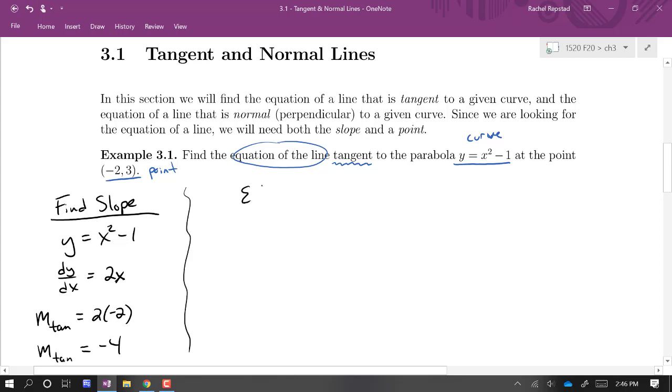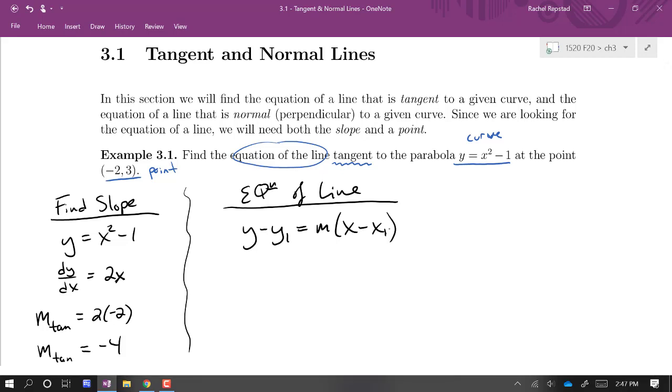And then let's find the equation of the line. When I'm looking to get the equation of a line, I always just use the point-slope form. So that's y minus y1 equals m times x minus x1. When I know a point that's on the line and I know the slope, this is the easiest thing to use. So my x1, y1 is the point they gave us, (-2, 3).